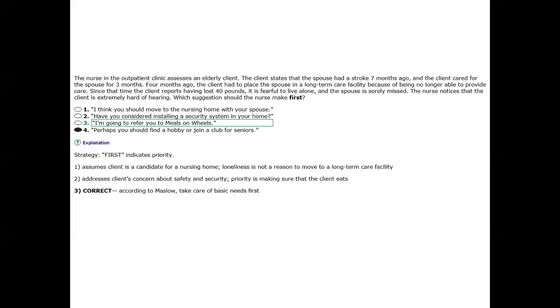Next question. The nurse in the outpatient clinic is doing an assessment for an elderly client. The client states the spouse had a stroke 7 months ago, and the client cared for the spouse for 3 months. 4 months ago, the client had to place the spouse in a long-term care facility because of being no longer able to provide care.